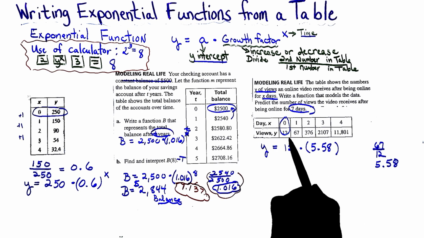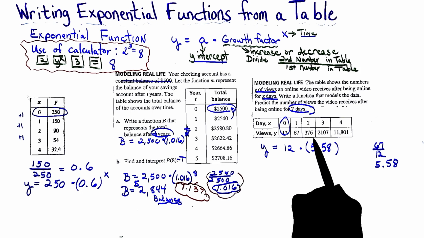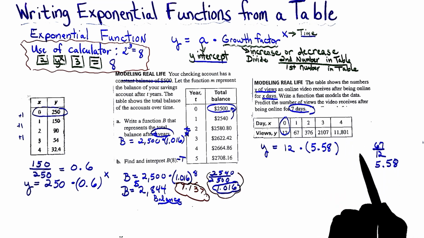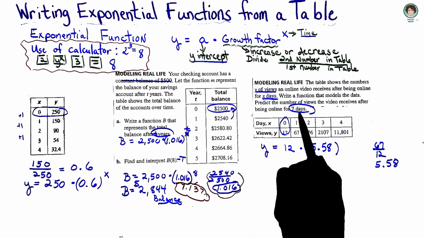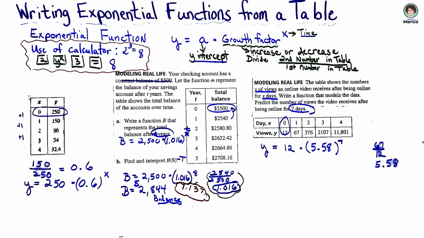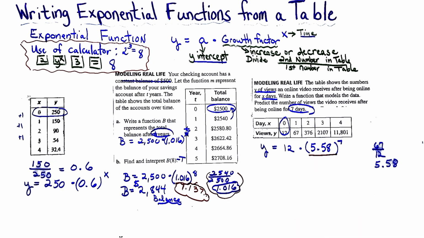Well, notice it goes from a 12 to a 67 to 376. And look at that fourth day. Oh my gosh, 11,801. So this online video is really seeing a lot of views. Maybe it's Math with Marcia. I don't know. Well, let's look here. So now we need to put our 7 there for how many days. Remember, the first thing we're going to do is put this in our calculator.